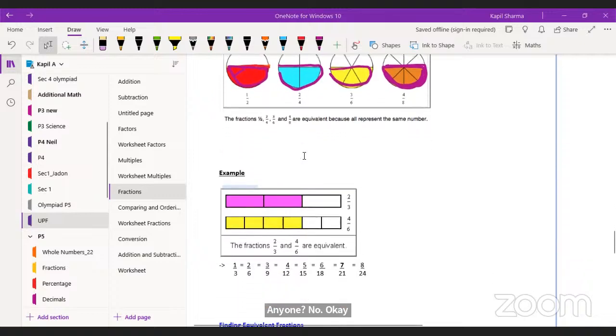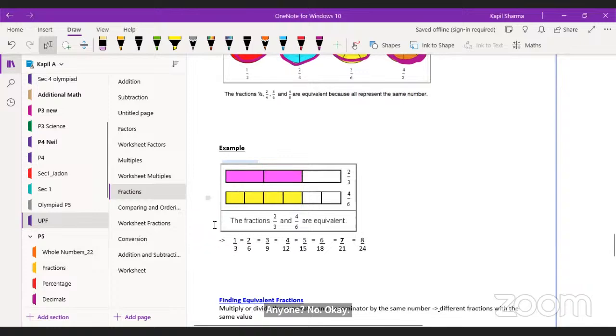Fine. So let's take another example. You can see that here we have two bars. In the first case, we have divided the bar into three equal parts. Two parts are shaded.